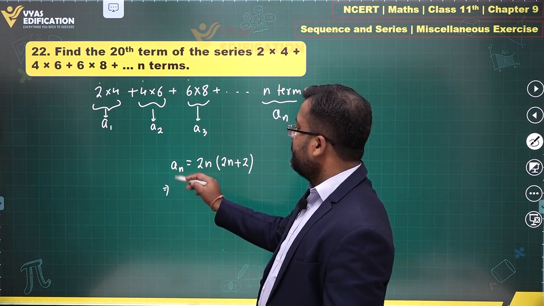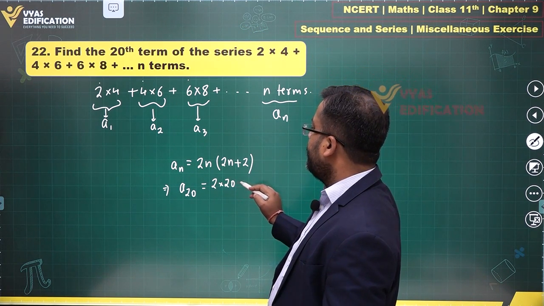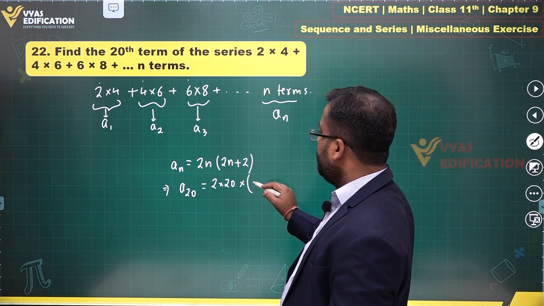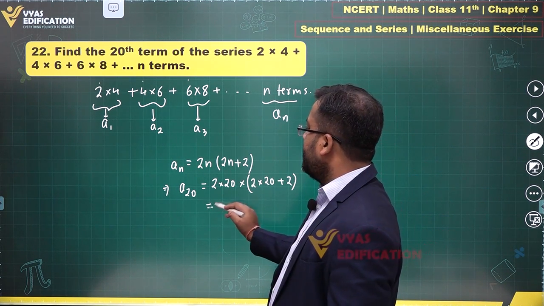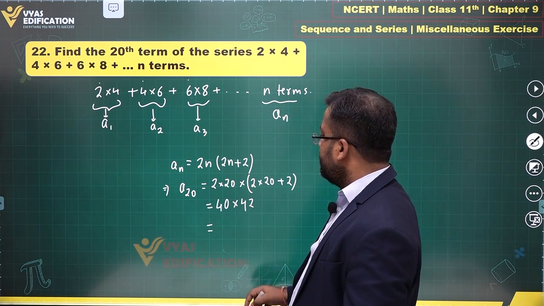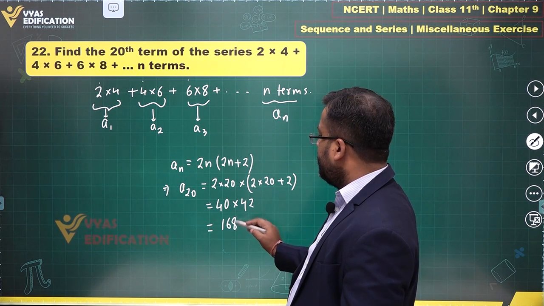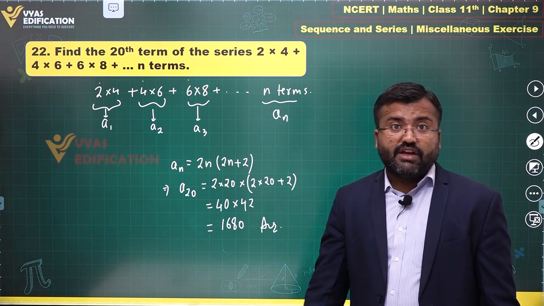By observation we did this. Therefore, A20 is equal to 2 into 20 into 2 into 20 plus 2 in the bracket. What is that? 40 into 42 is what we are looking at. This is 1680. That's my required answer for question number 22, as you can see over here.